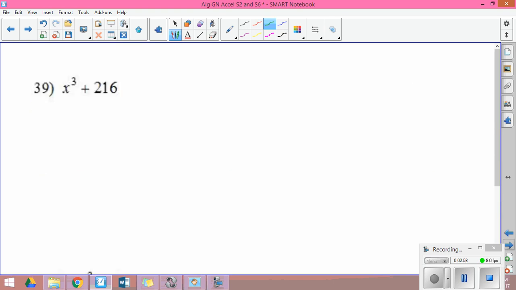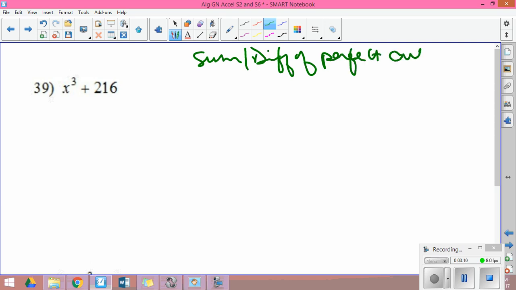We have another set of special factoring pairs, and this works for the sum or the difference of perfect cubes. So if I have a sum or difference of perfect cubes, this will always work.